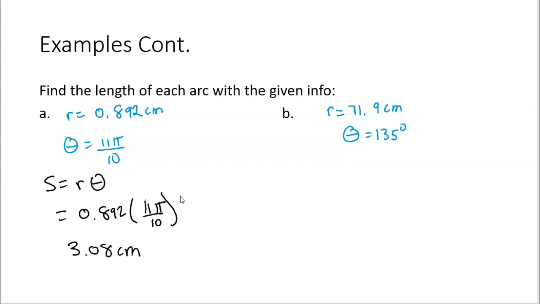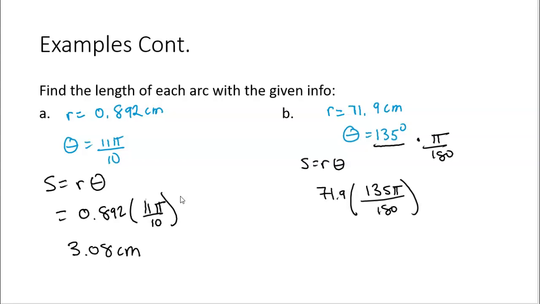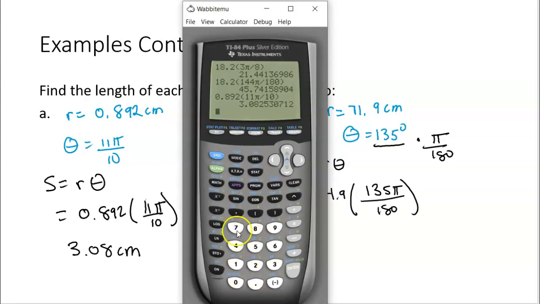Okay, hopefully for this one, we remembered to change our degree, and we're going to multiply it by pi over 180. So 71.9 times 135 pi over 180 is equal to my S. So again, we're going to plug in what we know.